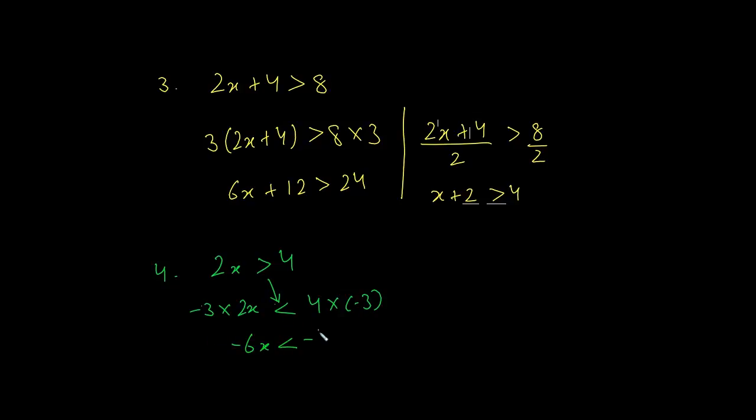So here the equation finally becomes minus 6x is less than minus 12. Now as we can see a negative sign on both the sides, if we cancel off both these negatives, the sign again gets reversed, and you would get the same equation as the original. This is what you have to be very careful about.